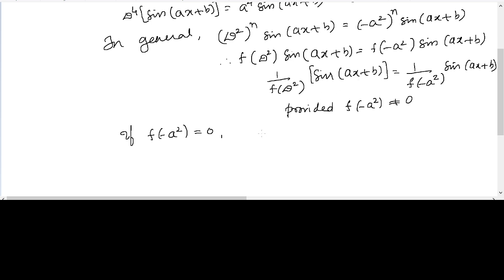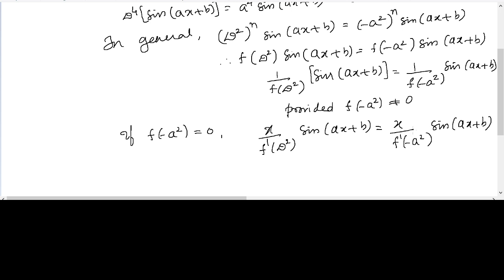Here the independent variable is x, and differentiate the denominator with respect to D. And again we continue with the same process, sine of ax plus b, and then we have to replace all D square by minus a square, and we need to operate with sine of ax plus b, okay. So fine. So this continues in this manner.